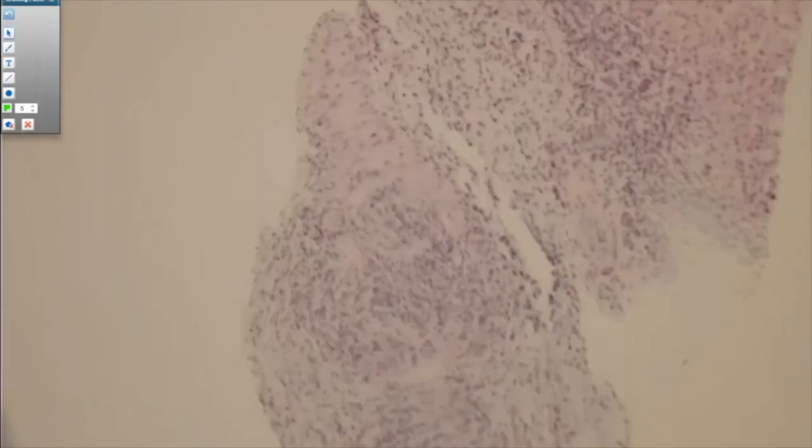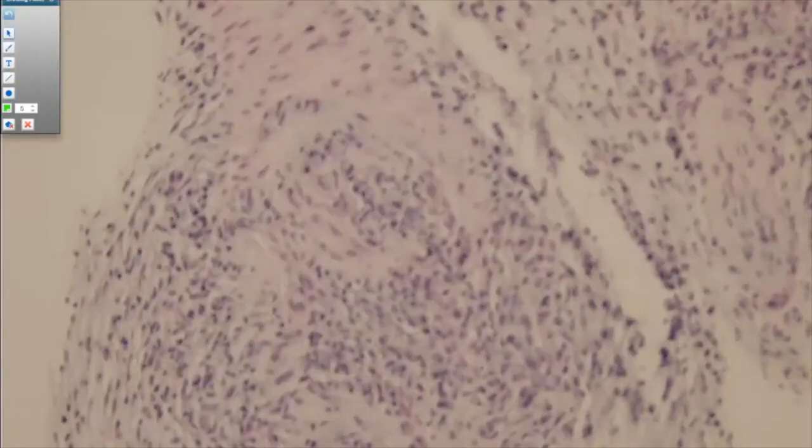And now the difference between kidney and liver. For example, in this case, you can see arteritis. But arteritis is extremely rare in liver.